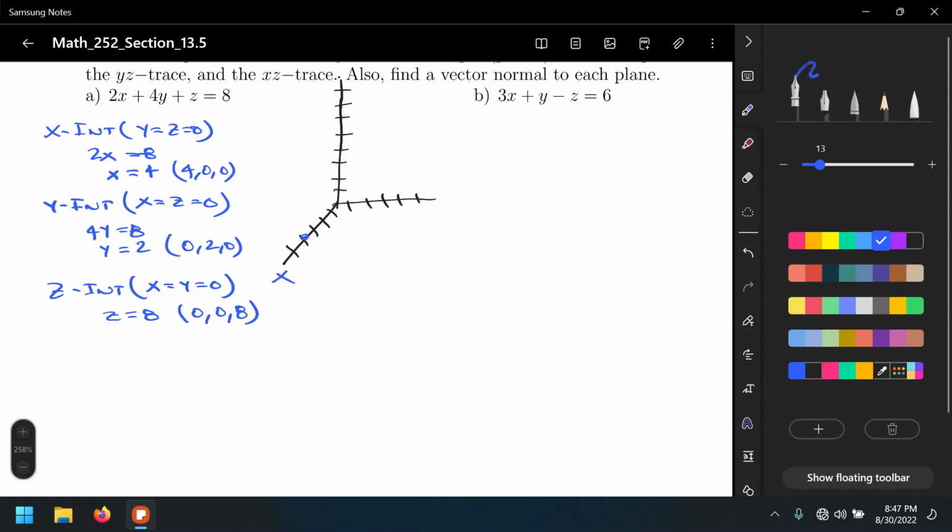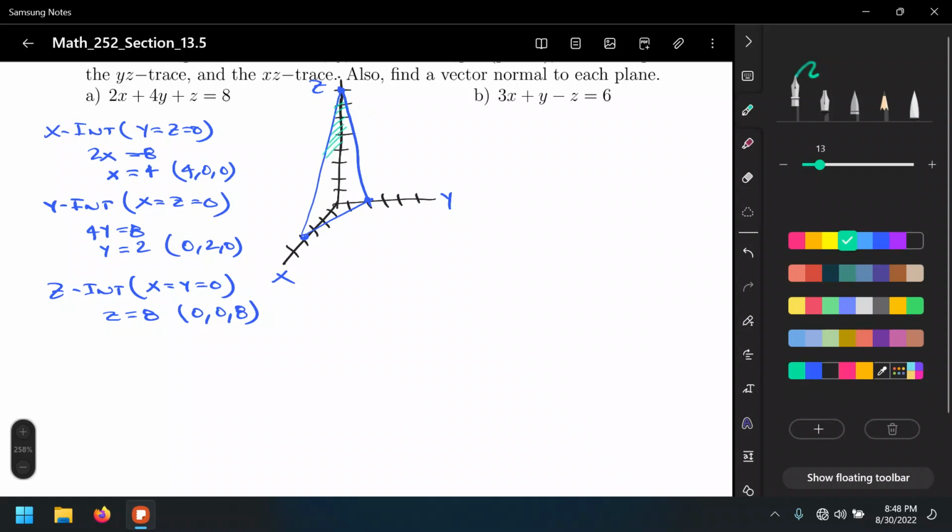This is x, this is y, and this is z. And the y-intercept, which is at 2, and at 8 in the z direction. 1, 2, 3, 4, 5, 6, 7, 8. And we are going to connect this with lines.